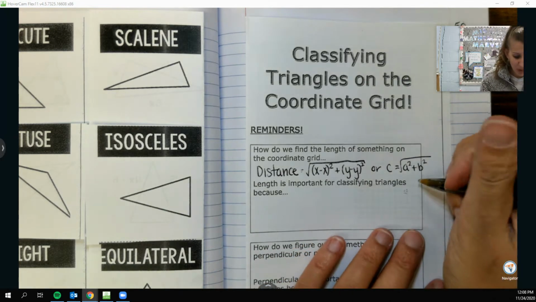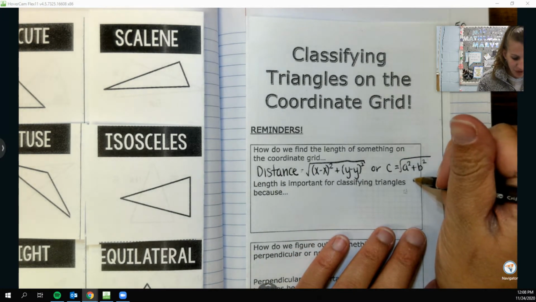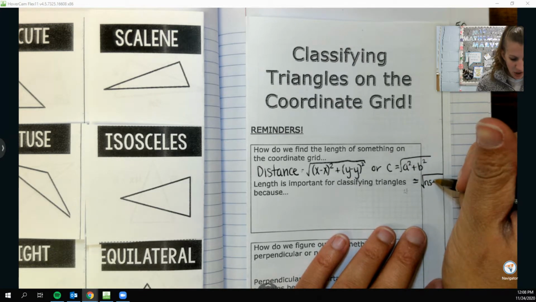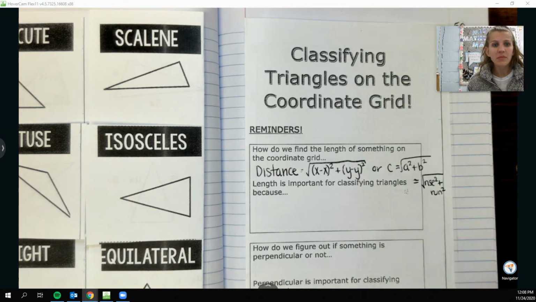So again, not to be overwhelming, but to find that distance, what we actually ended up doing was rise squared plus run squared and then square rooting.